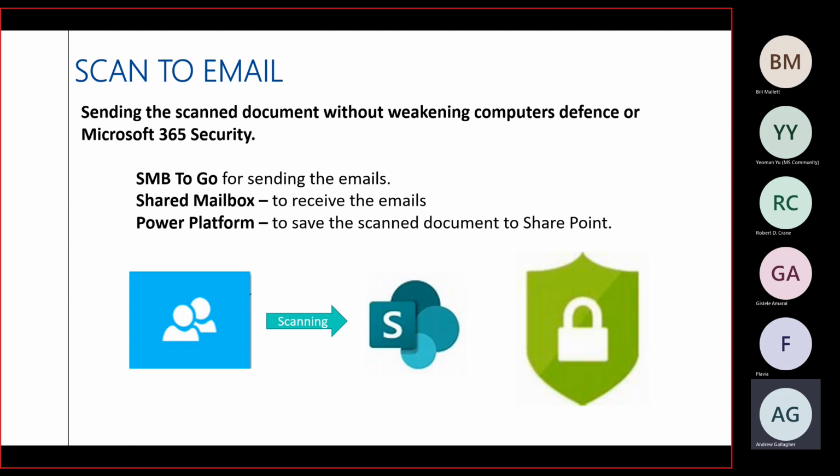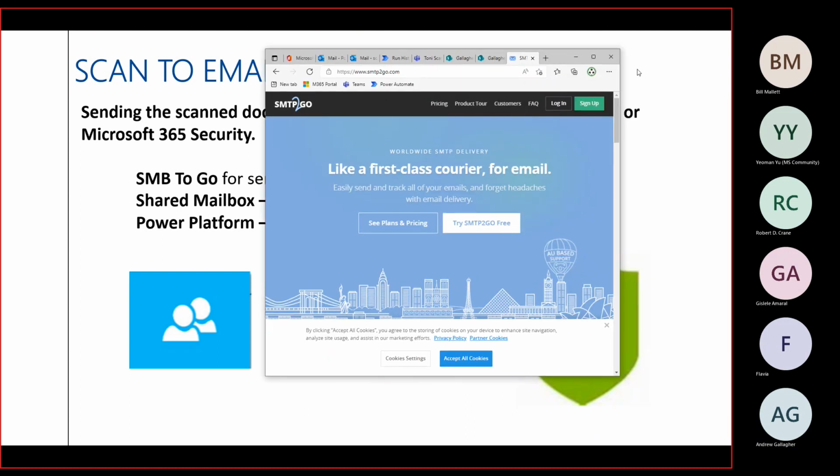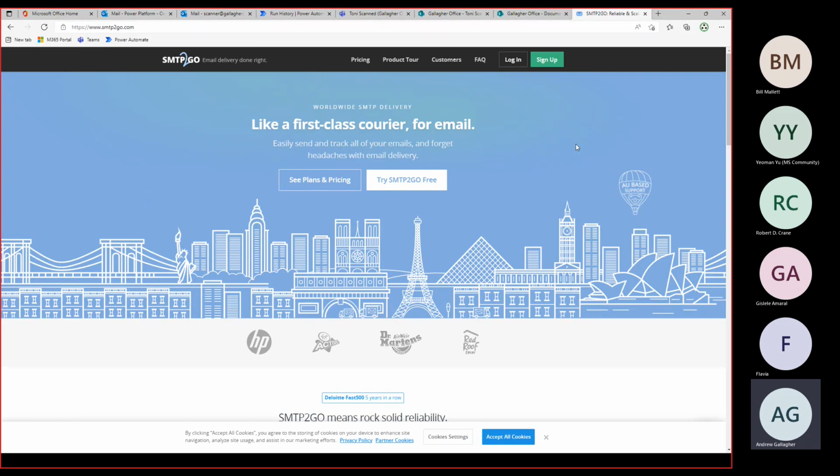Now, to send the emails from the printer, I use a product actually called SMTP2GO. The reason I do that is I also have closed down POP and SMTP on my Microsoft 365 for security purposes, and I can set up the SMTP2GO quickly and easily.